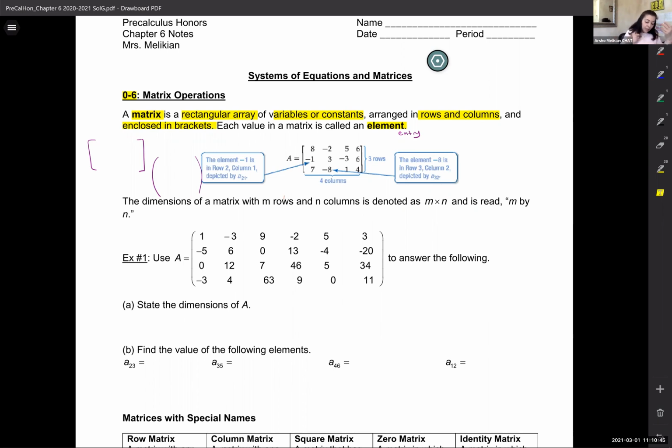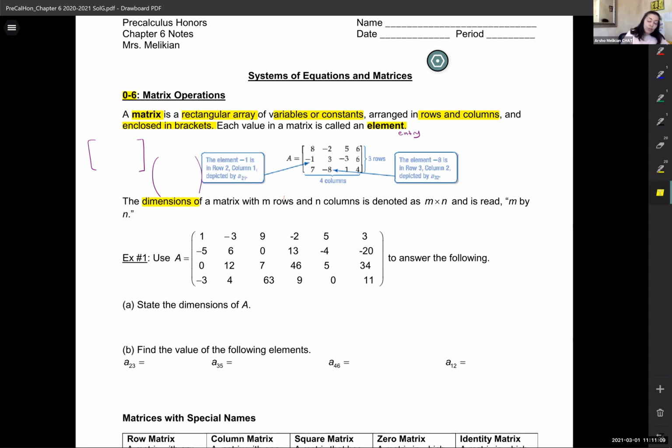Okay, let's talk about specifics of a matrix. As I mentioned, each matrix has its rows and its columns. And when we talk about the size of a matrix, we don't use the word size, we say dimensions of a matrix. The dimensions of a matrix are basically just how many rows and columns a matrix has.